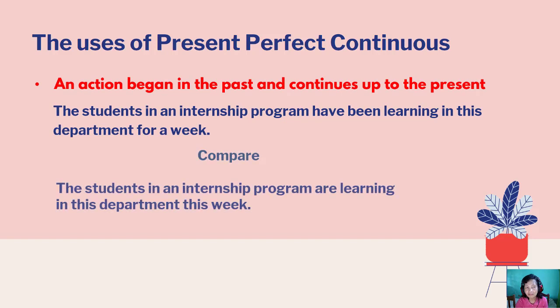The first is to show an action that began in the past and continues up to the present. If you have watched my video about simple present perfect, you can find also the same use. So what is the difference then? For continuous tenses, we focus on the activity, on the ongoing activity, while for simple tenses it is a kind of statement.